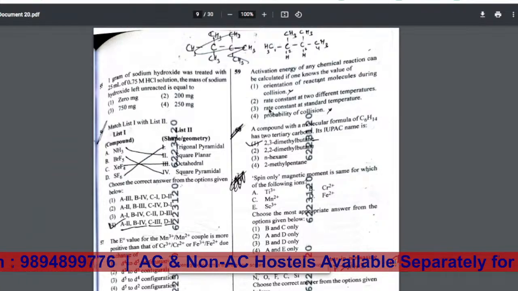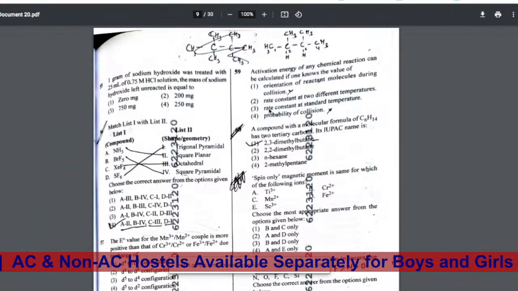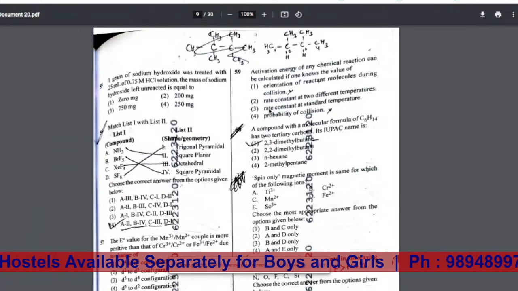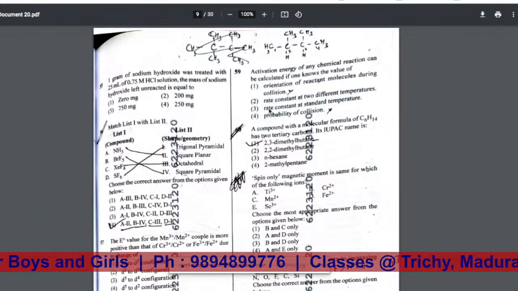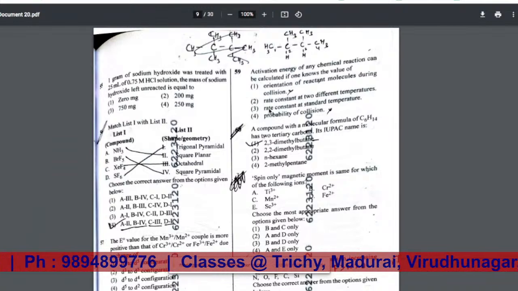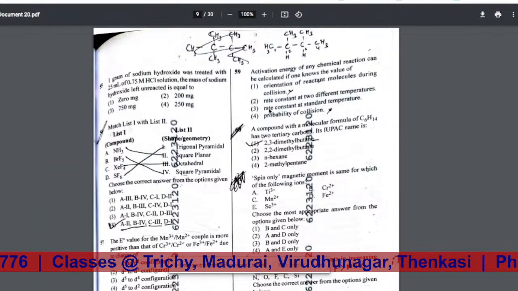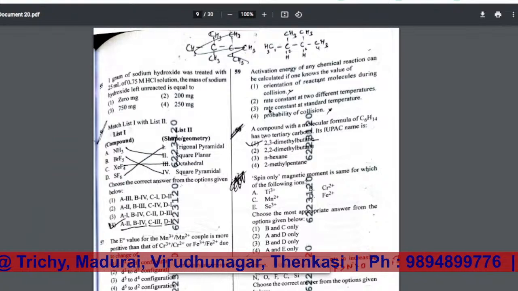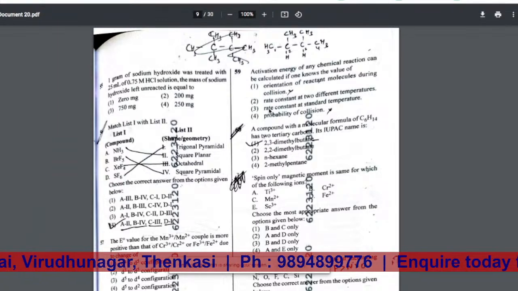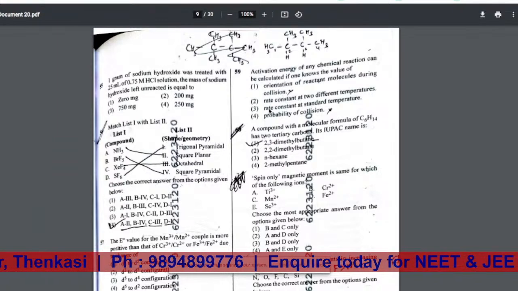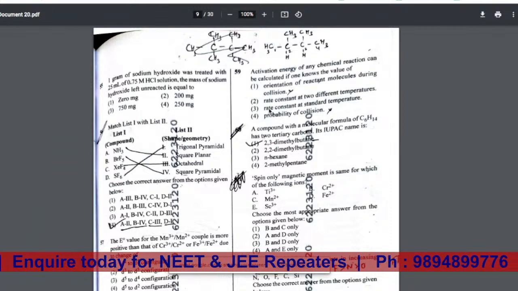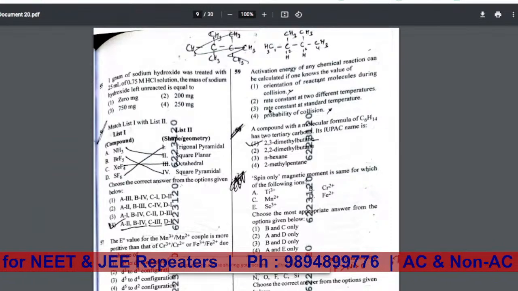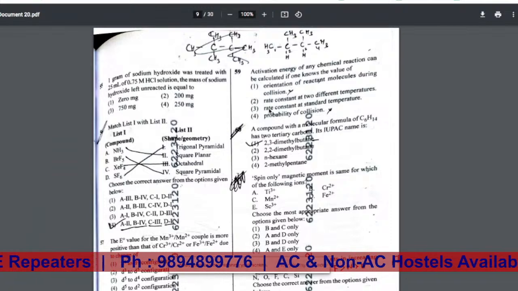According to the Arrhenius equation, ln K is equal to ln A minus Ea by RT. If we know the two rate constants at different temperatures, then ln of K2 by K1 is equal to Ea divided by R into 1 by T1 minus 1 divided by T2. So if we know the rate constant values at two different temperatures, we can easily calculate the activation energy. So its answer is the second answer, rate constant at two different temperatures.